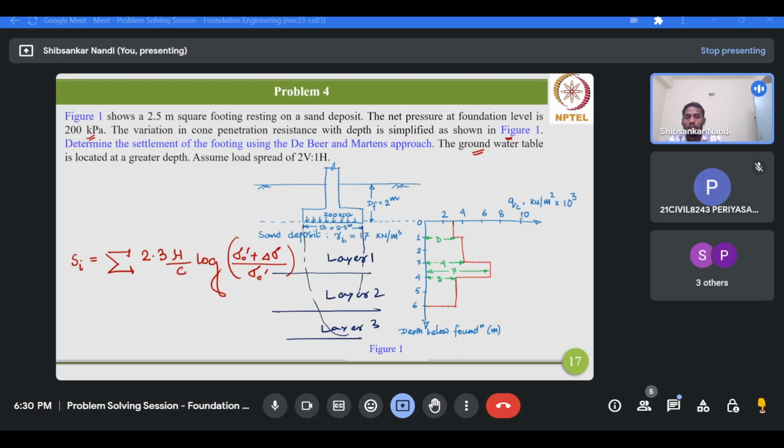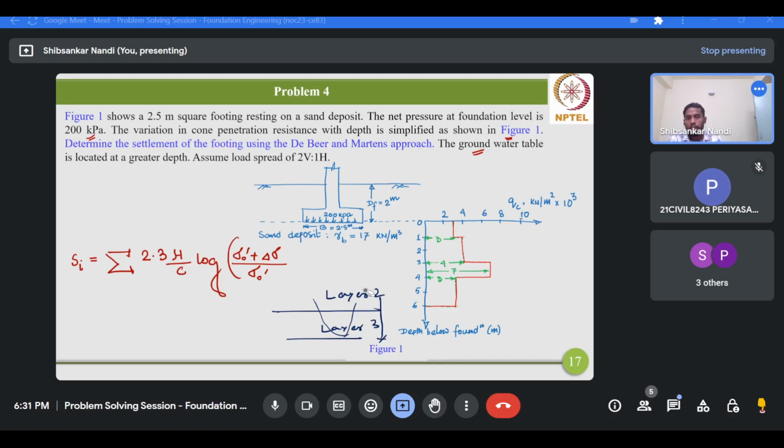Zone of influence here means 2 times B. So this dimension is your Y. Within this influence zone, 3 layers come into the picture. Therefore you have to calculate the settlement individually for layer 1, layer 2, layer 3, and then add them, and you will have the final settlement.